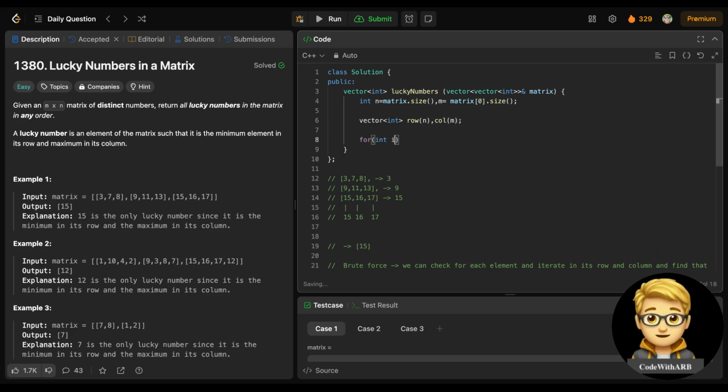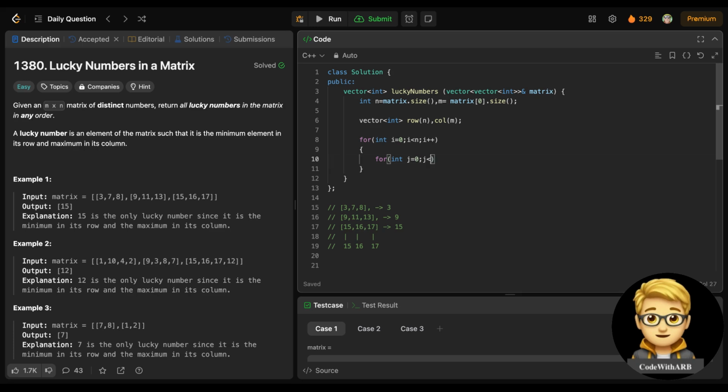Now we need to store the minimum element for each row, right? So for each row i, and j from 0, j less than m, j plus plus, we will iterate in each row, right? This is to iterate in each row, and for each row the minimum element will be stored. So we will take the minimum element which is initialized with INT_MAX.